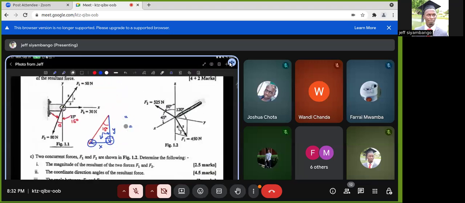Alternatively, you could have chosen to measure your angles from the positive x-axis anti-clockwise. So you could have chosen to measure it from here all the way up to here. Notice that to get this angle, you'd have had to subtract 15 from 270. That would have given you exactly what this angle is. But after obtaining it, you now would have just used the fact that x can be obtained by cosine.